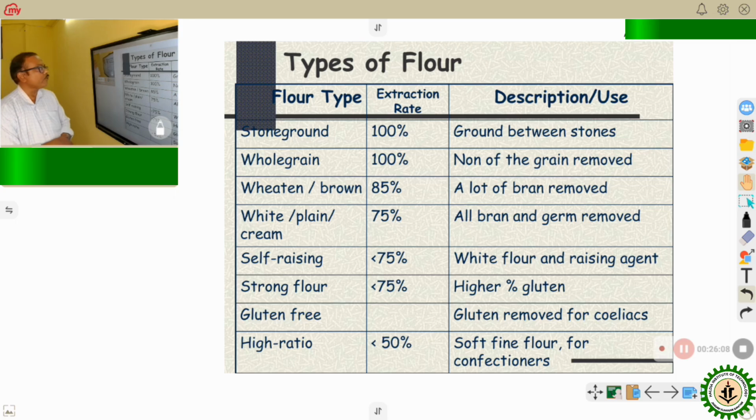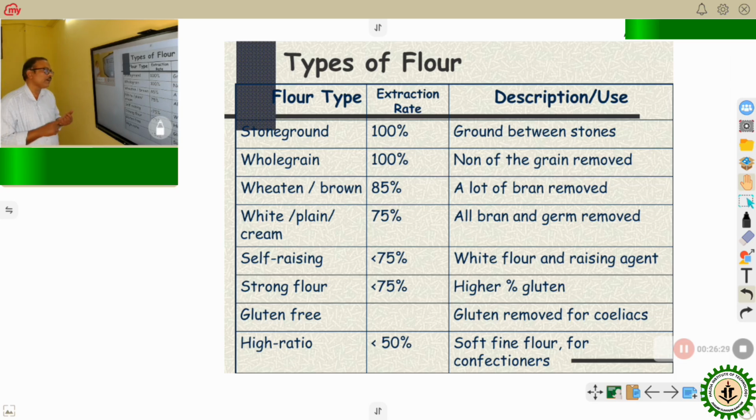Different types of flour depending upon their source, depending upon the equipment which are used for their preparation. Stone ground flour, extraction rate is 100%, ground between stone.